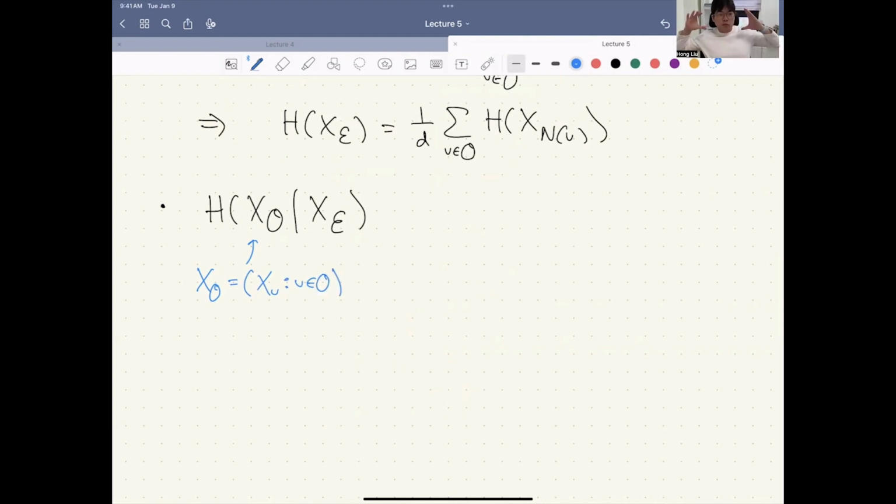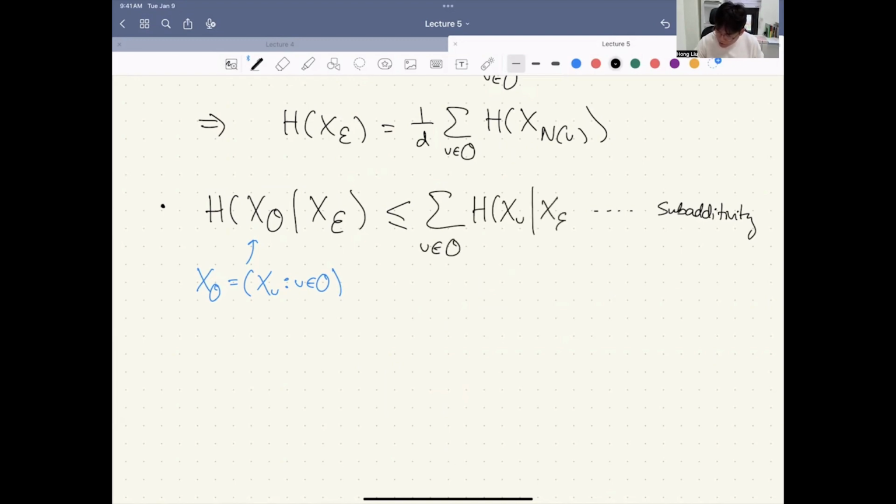So the conditional entropy is at most, by conditional subadditivity, the sum over V in O of H of X_V conditioned on X_E.